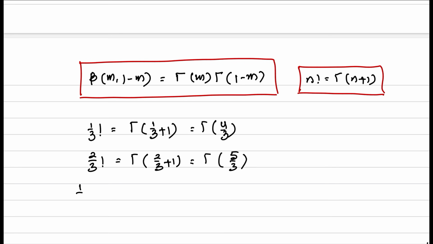Then factorial 1 by 3 into factorial 2 by 3. We are keeping in mind those basics and definitions we have discussed previously. We are trying to calculate here. Factorial 1 by 3 into factorial 2 by 3, what will it be? Gamma 4 by 3 into gamma 5 by 3.